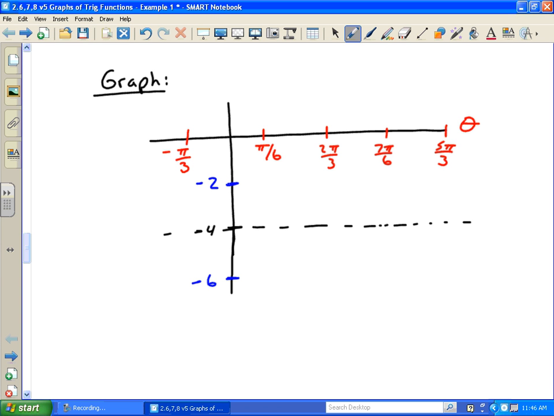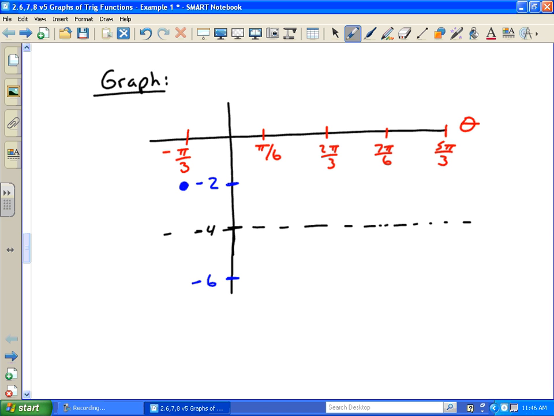I know that the general shape of cosine starts above my center line at its amplitude. Normally the amplitude is 1, so I'd start at 1. Okay, in this case, at this first quarter point, I would start an amplitude amount above the center line at the first quarter point. So it would be at negative pi over 3 and -2.